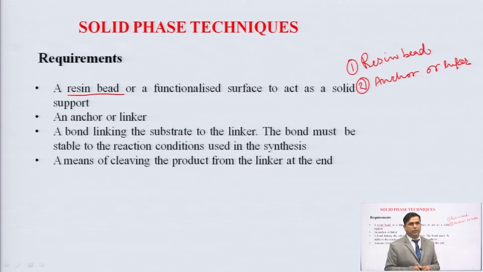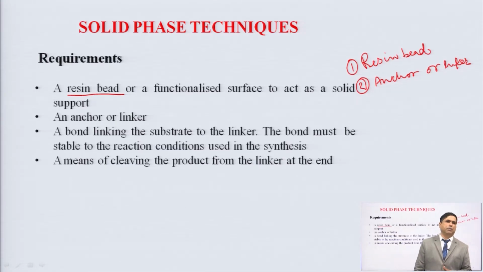So, there is a bond linking the substrate to the linker, and the bond must be stable to the reaction conditions used in the synthesis. Whatever bond is formed with the help of this linker must be stable, otherwise it will break into some other product also. Then we need a means of cleaving the product from the linker at the end.